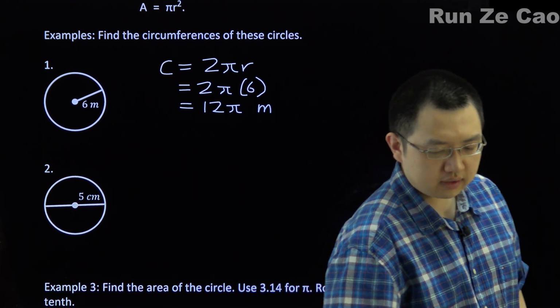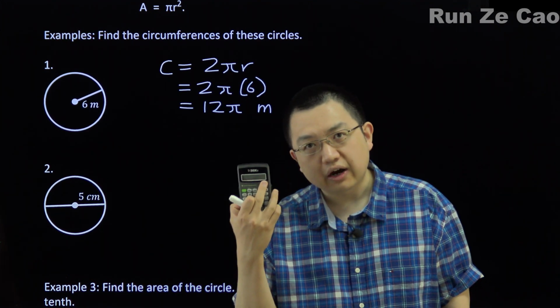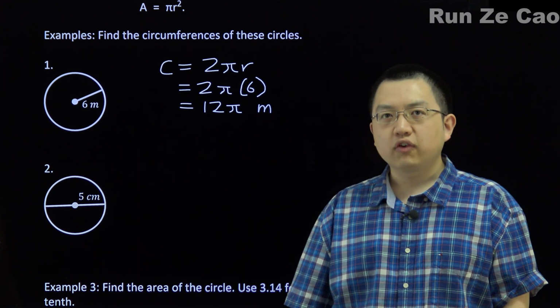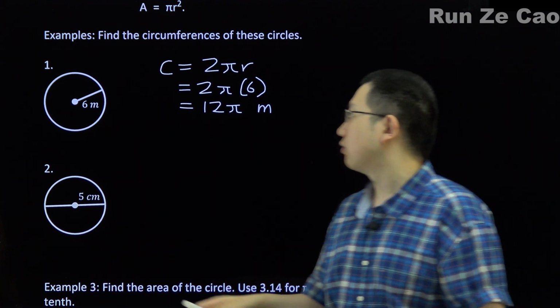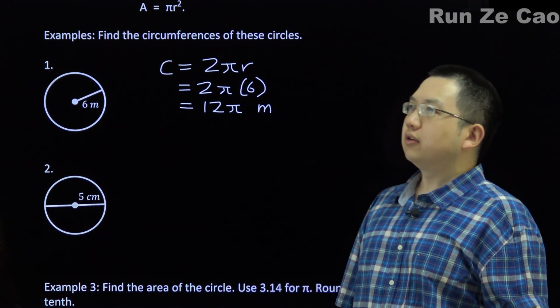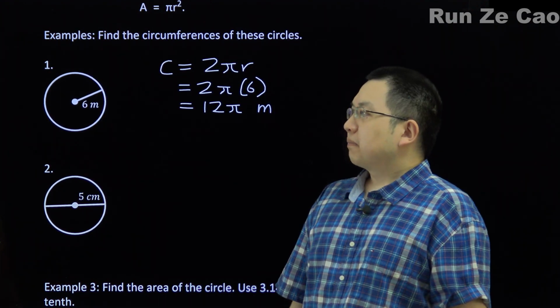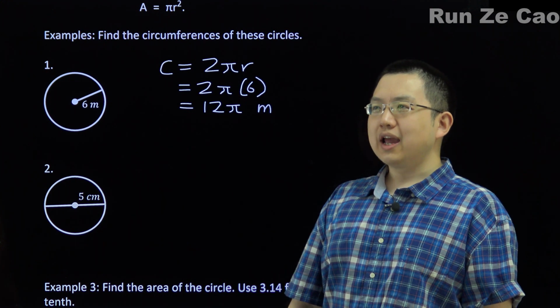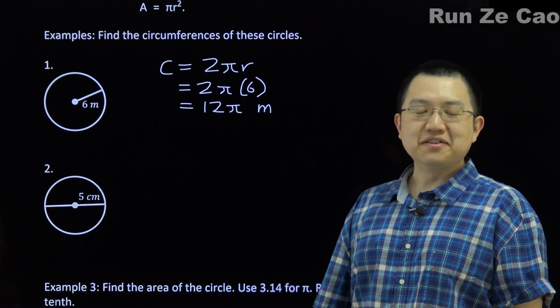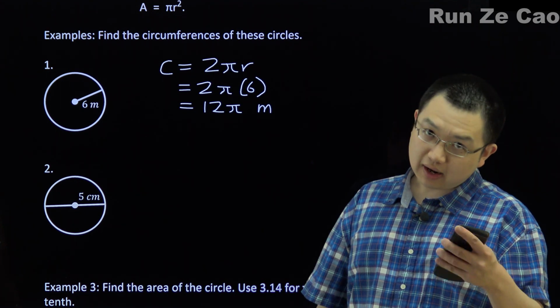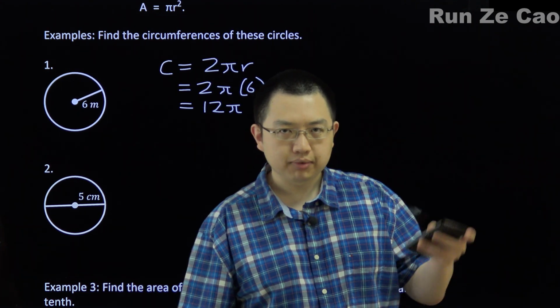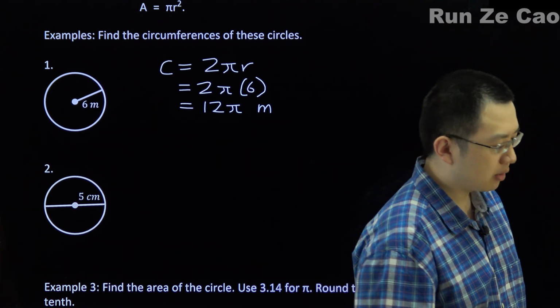Note, however, that often in everyday calculations, like if you're trying to consider how much ribbon you need to wrap around a tube, telling somebody, oh, I need to buy 12 pi meters of ribbon is not exactly the most useful. So that's why we can put it in a calculator and get an approximation.